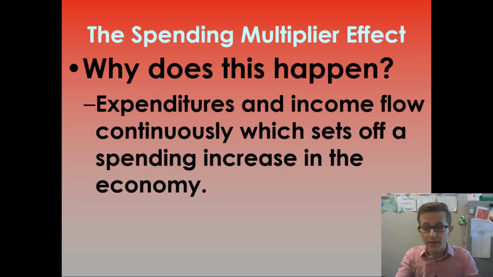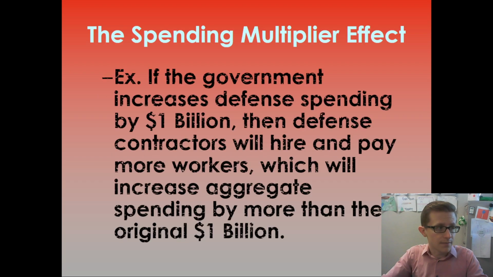And then that just keeps going on and on until we're left with fractions of pennies. And ultimately, what this means is that changes in specific types of spending, government spending being the big one and investment spending to a lesser extent, end up having a much larger impact than what initially would appear.